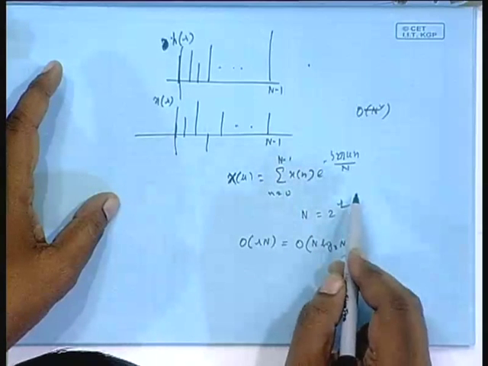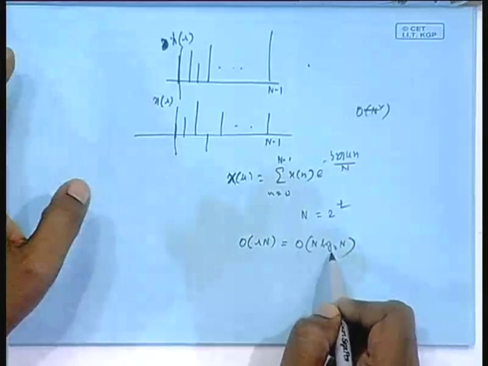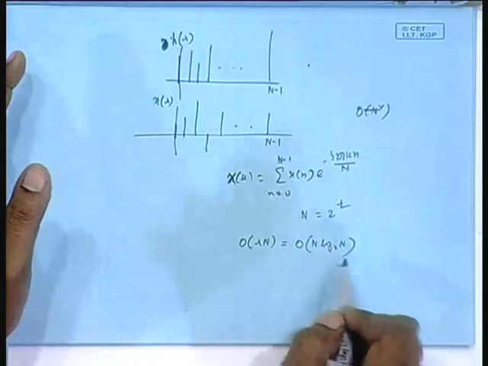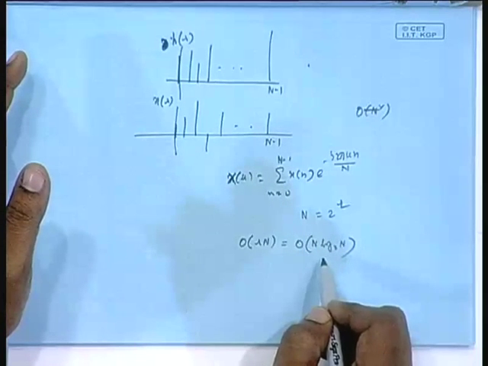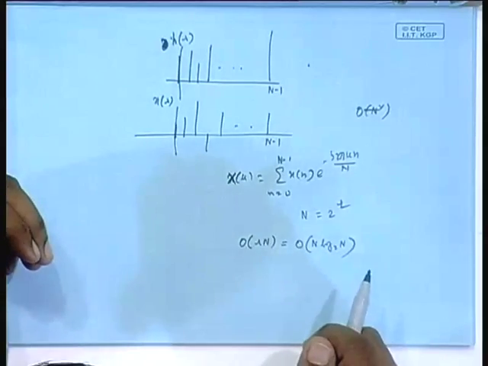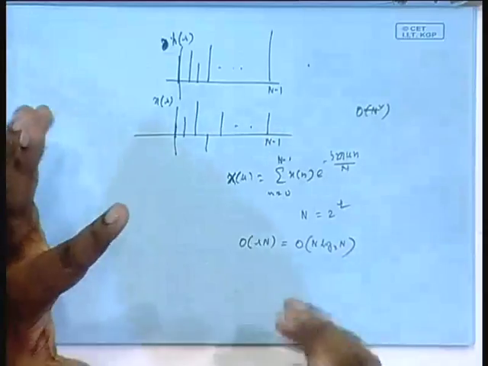So 512 means 512 square, and here it becomes 512 into 2 to the power 8, so 8. You can bring it down to that level. That makes it very fast. Unfortunately, I cannot teach this FFT and all that here, but that is the reason why we go for this. And there are plenty of excellent architectures available to implement it. That is the motivation for going into DFT.